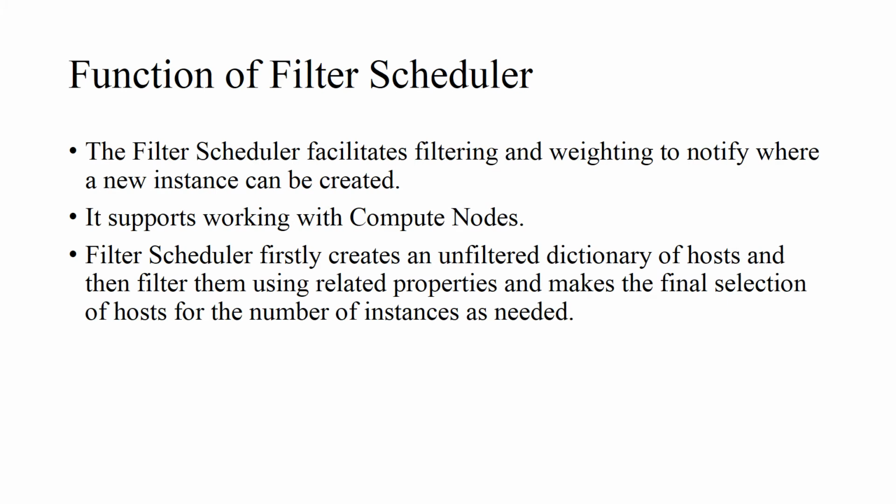If the priority is more, then the weight will be more. And this filtering process helps to identify at which location the new instance is required and for which user, which client, the new instance is required. This filter scheduler supports working with compute nodes.